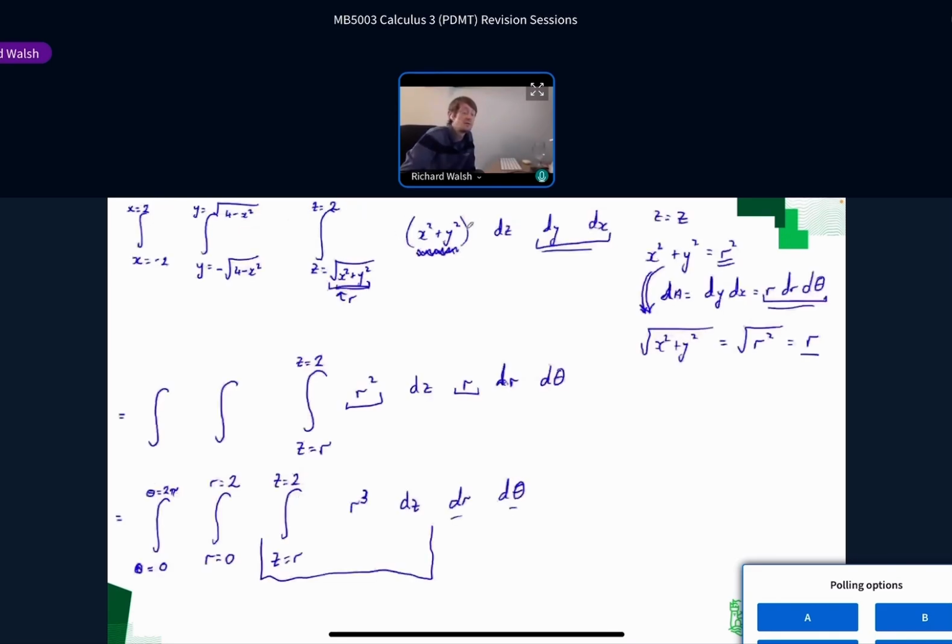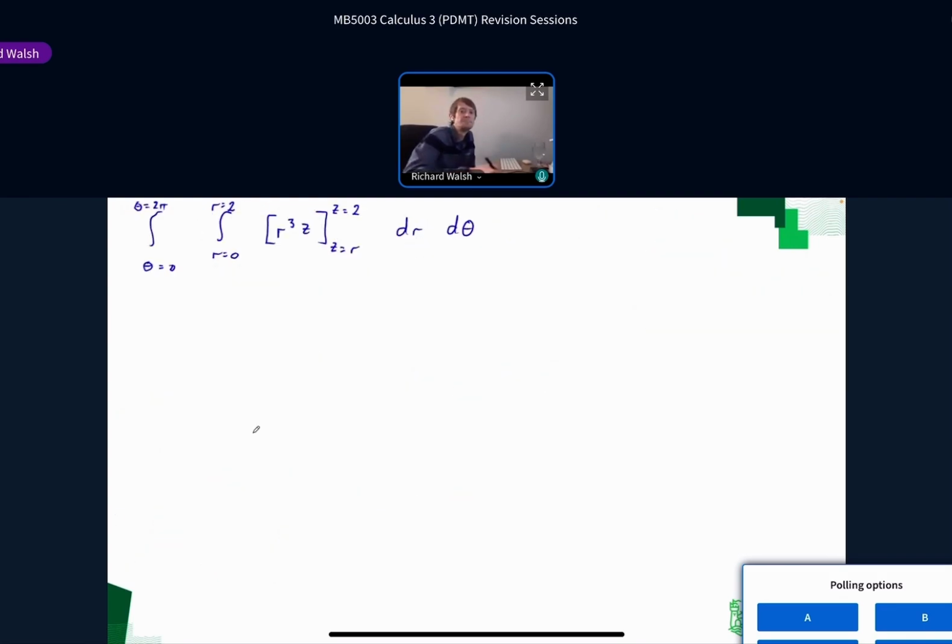So I've done my z integral. I've integrated with respect to z. So I still have dr d theta at the end. And I'll plug in my limits. They're going in instead of z. Said to you yesterday, I always write down z equals so I know what those are going in for. Sometimes it can get a bit confusing if you don't write that. So r cubed times the upper limit, z is 2.